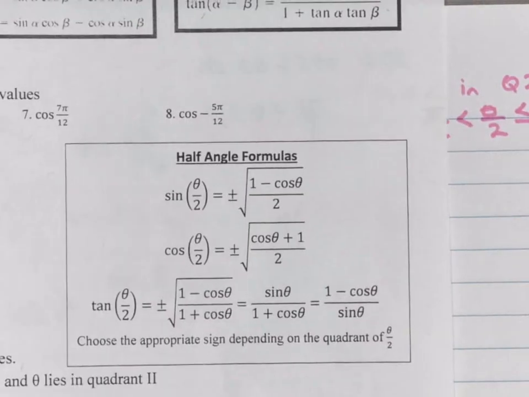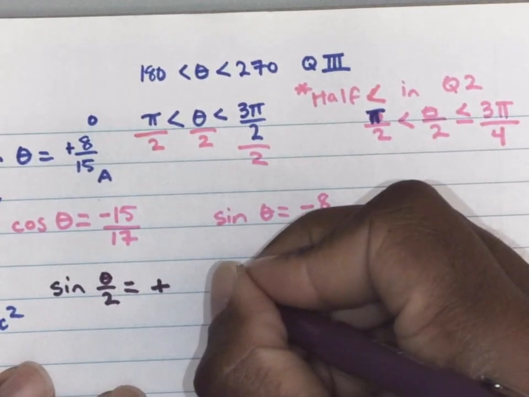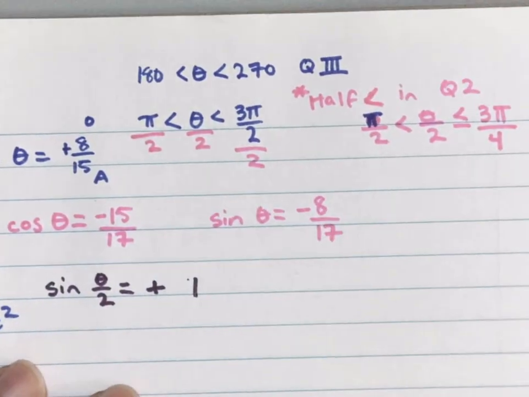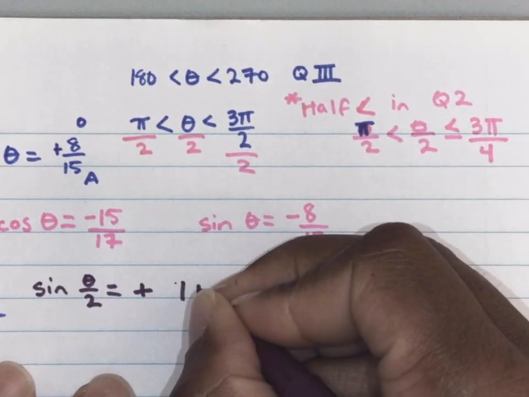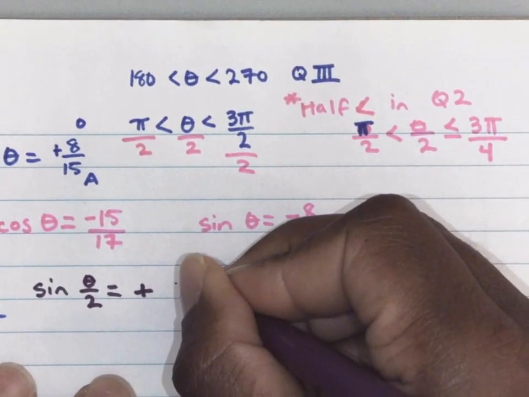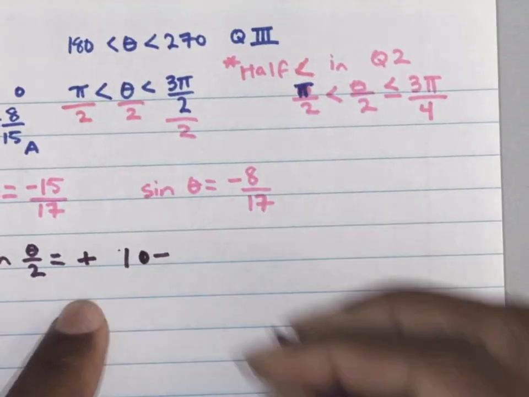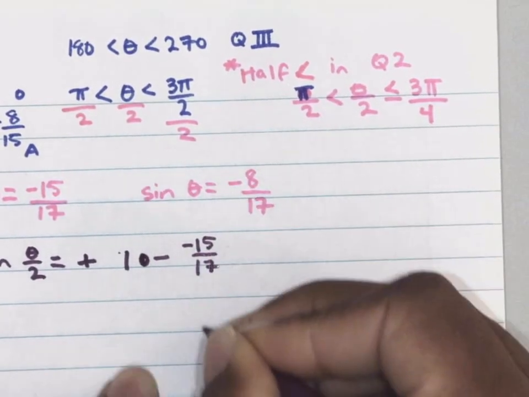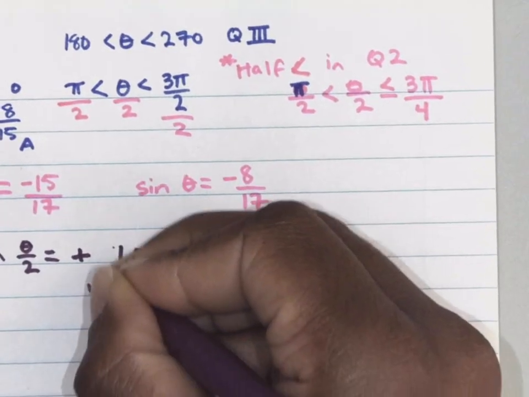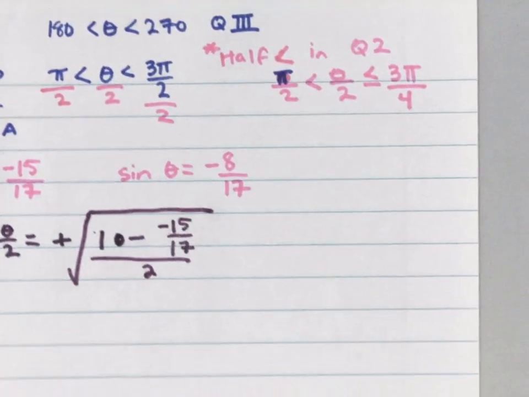All right. So we got 1 minus cosine's exact value divided by 2, all in the radical. So I'm going to write my radical later. So we got 1. I just said minus, didn't I? 1 minus cosine divided by 2 in the radical.